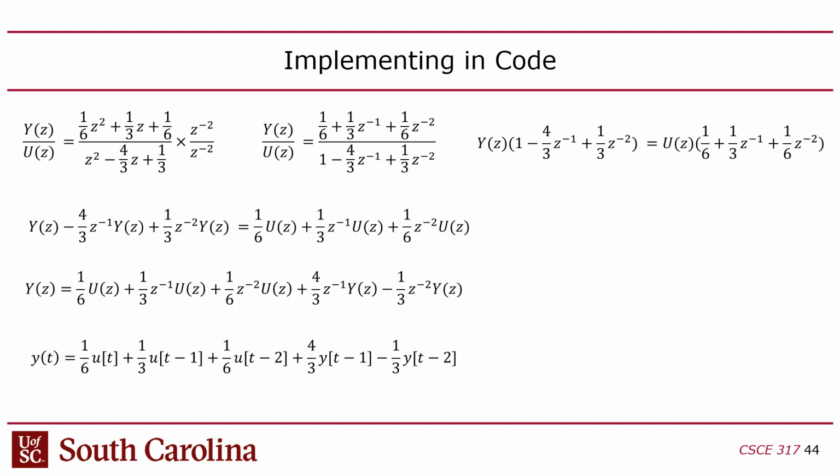And now check this out. 4/3 times z to the negative 1 times Y(z). Wait a minute, Y(z) is the output. How do I calculate an output as a function of the output? Well, I can, because that's the old output.